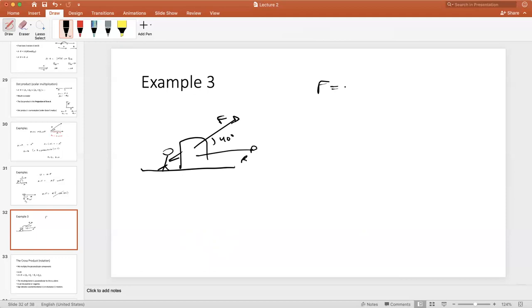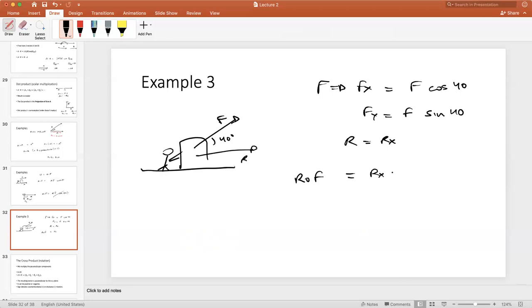So your force has a component in the x, which is F cos 40, and in the y, which is F sine 40, and then your r vector. So r dot F is, the r vector is only in the x direction, so you get r x times F x, plus r y times F y.